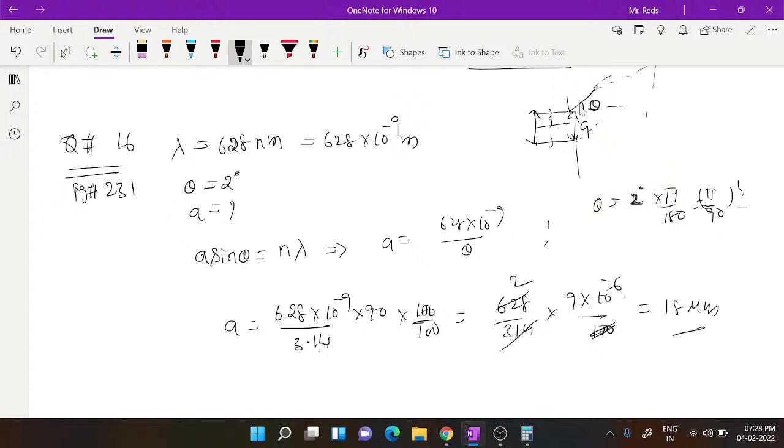They have given it in the data, but they missed it in the question. While copying this, some typing mistake might have happened. So that is what is missing here, you have to understand. So the aperture size will be 18 micrometer. Fine. That's it. Thank you.